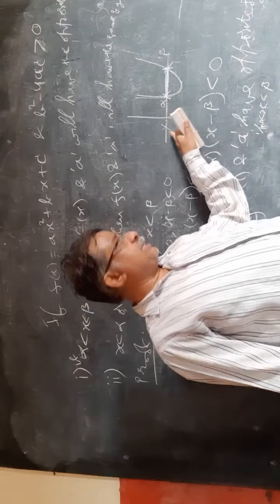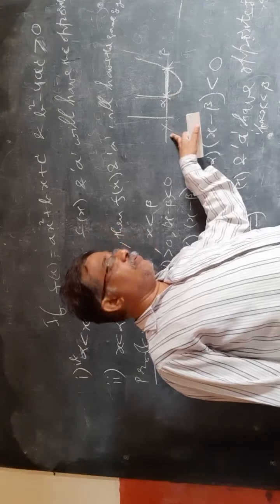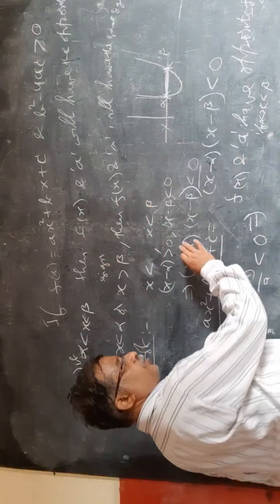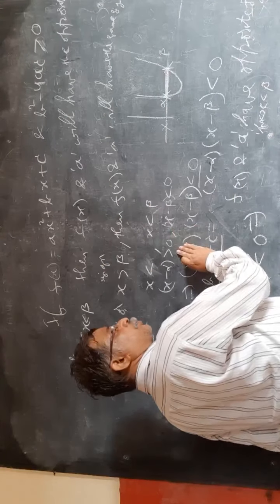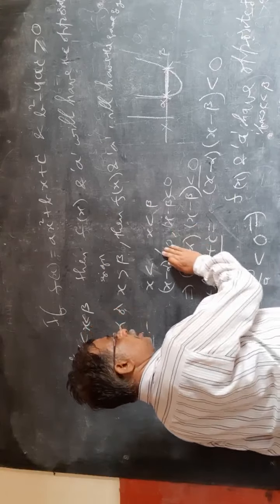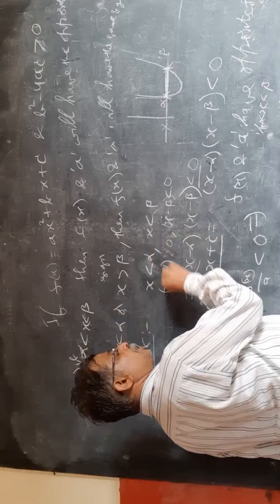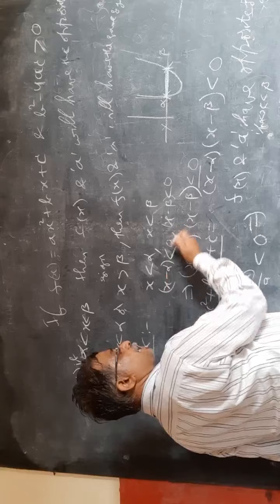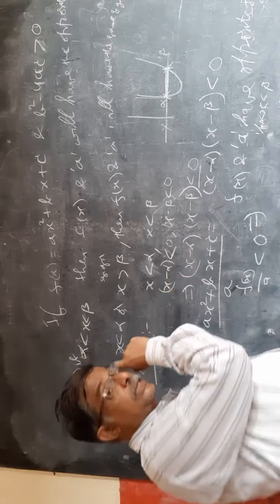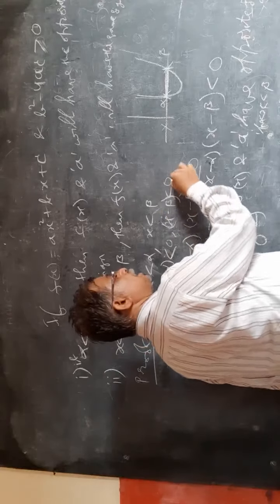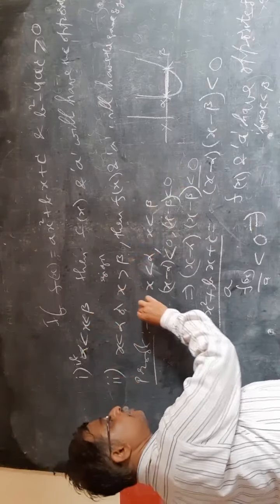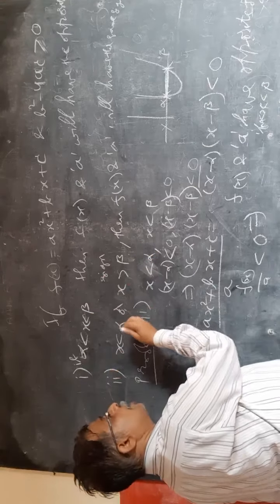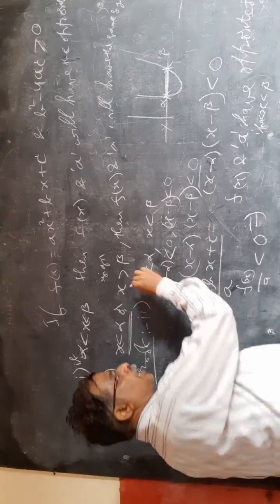So x minus alpha is less than 0 and x minus beta is also less than 0. The second case I am doing here. So if x does not lie between alpha, beta, means x is either on this side or on that side.